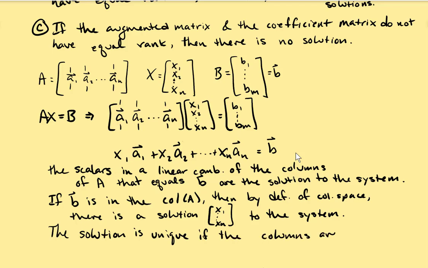The solution is unique if all the columns of A are linearly independent, because in that case, we already know the columns span the column space, that's by definition, but if they're also independent, then they make a basis for the column space.